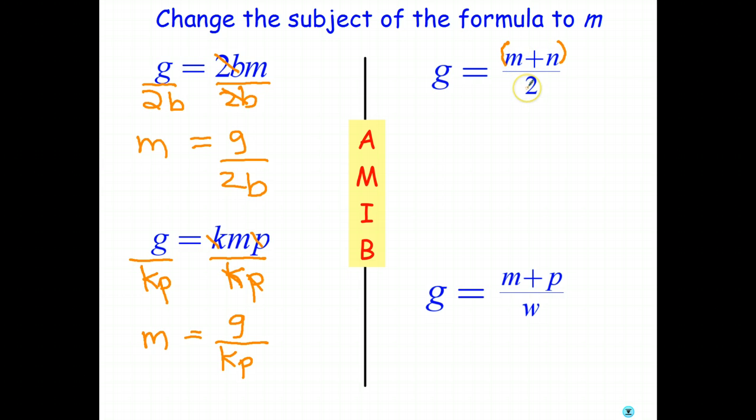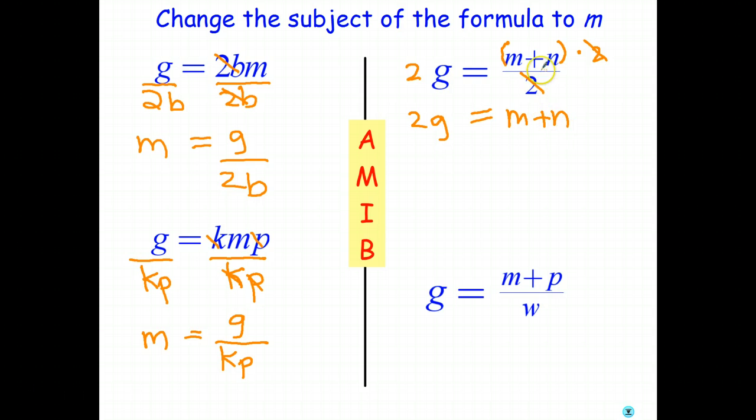So the first thing we have to do is multiply by 2 and multiply by 2. The 2's divide out. That leaves m plus n on the right, 2g on the left. The brackets, we don't write them anymore.